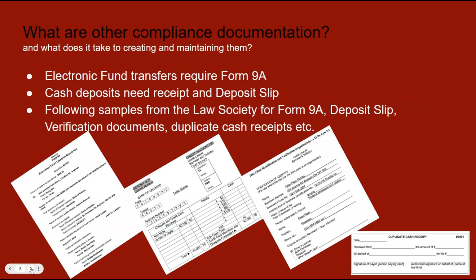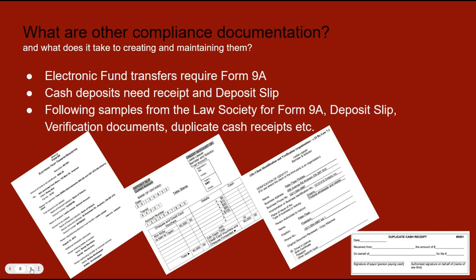Okay. And what are some of the other documents? So we've got 7 in total so far, and let's look at a few more. Now, if you are from the province of Ontario, or rather if you're doing business in the province of Ontario, and if you in your business have a way of transferring money electronically from the trust account into a general account, it's become a very, very common practice these days.